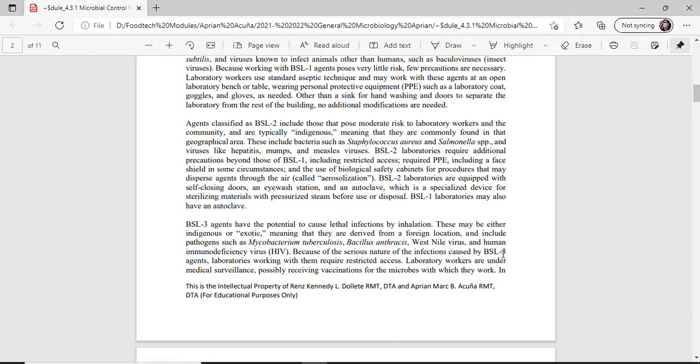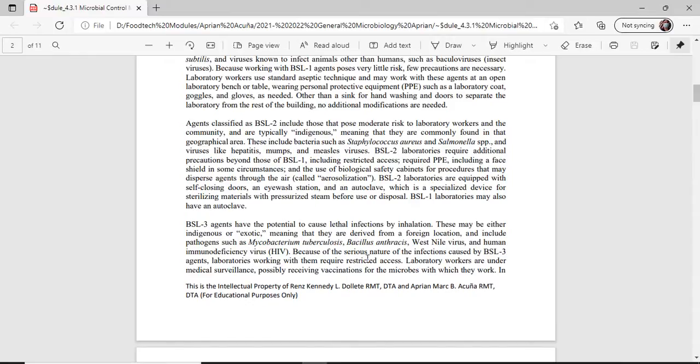This may be either indigenous or what we call exotic, meaning that they are derived from a foreign location, and include pathogens such as Mycobacterium tuberculosis that causes TB, Bacillus anthracis that causes anthrax, West Nile virus, and also human immunodeficiency virus or HIV.